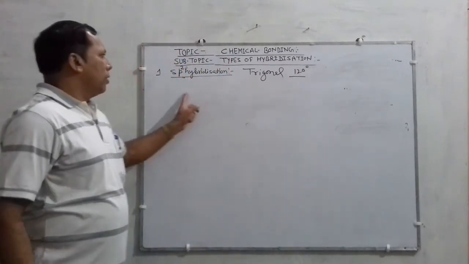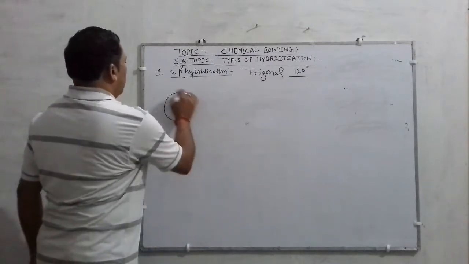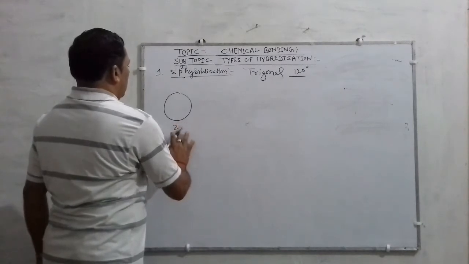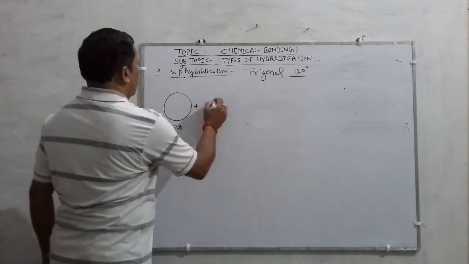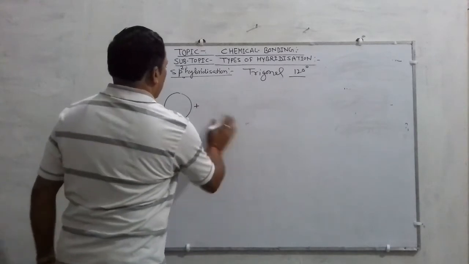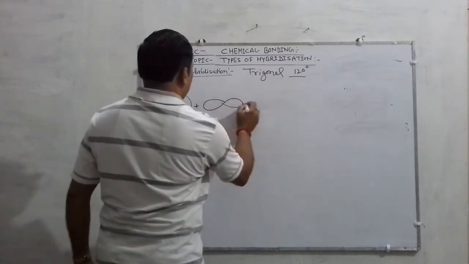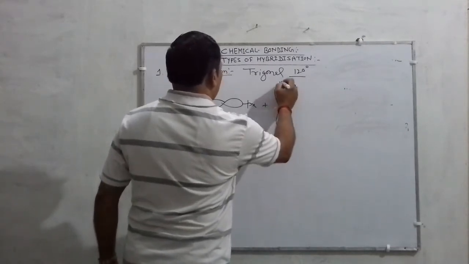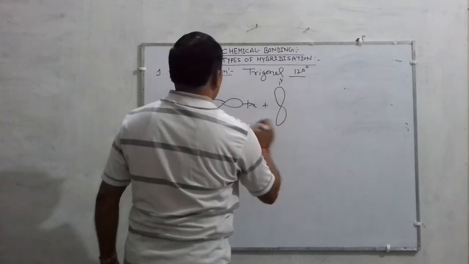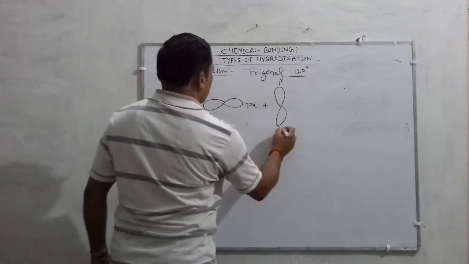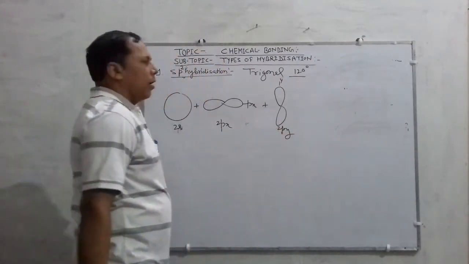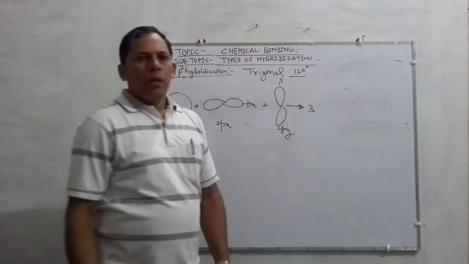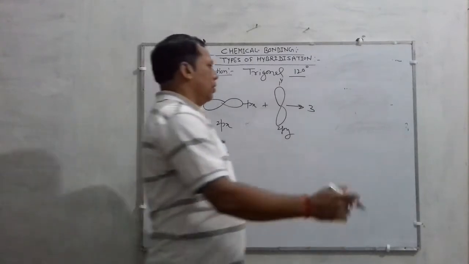How does this occur? See here, that is one s orbital and two p orbitals. Suppose this is the px orbital and this is the py orbital. So this is 2px, this is 2py, resulting in the formation of three new sp2 orbitals.